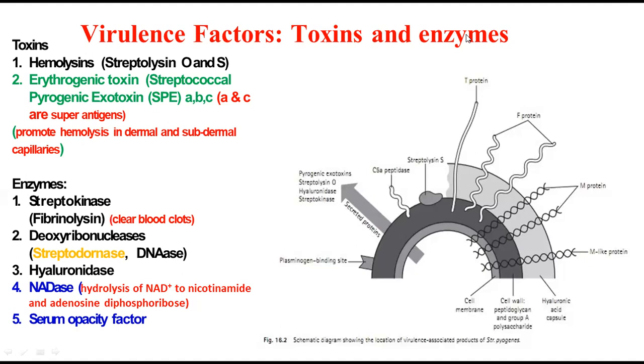When we add this serum opacity factor to a person's serum, it can coagulate, or create opaqueness in the serum of a person. But the main function is that it can promote adhesion of the bacteria.